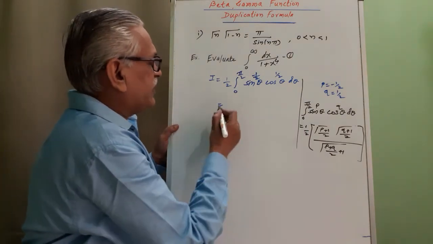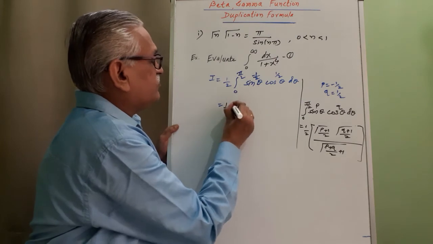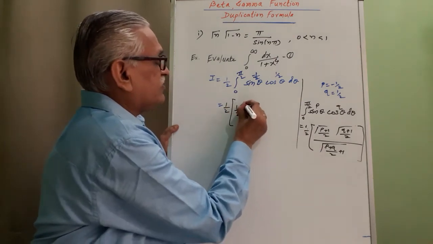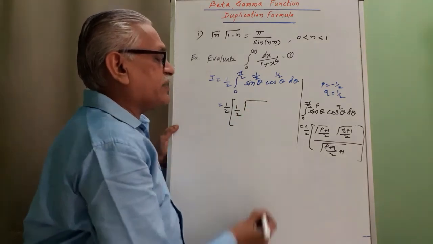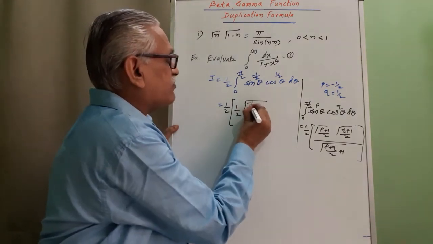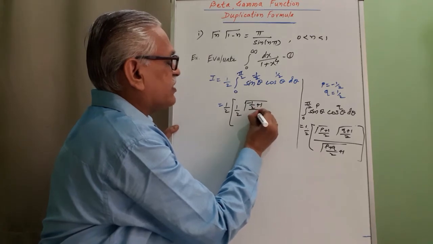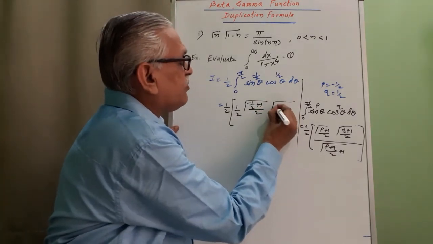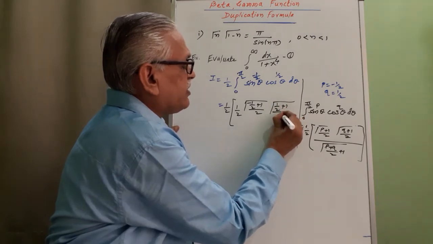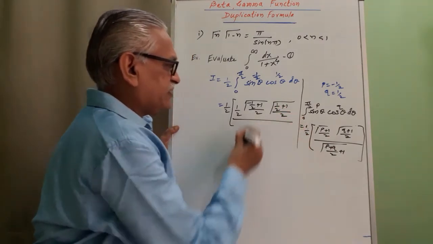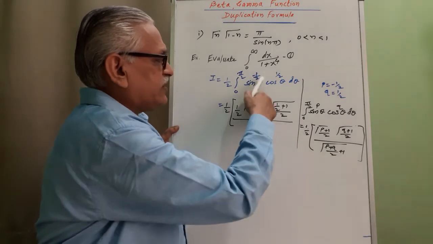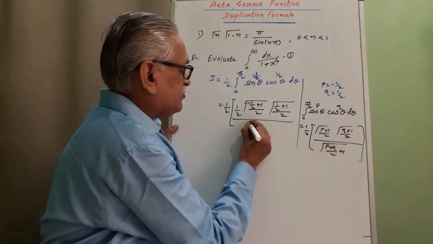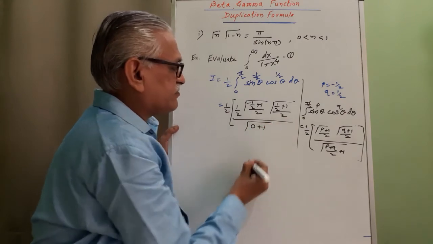Applying this, we get 1 by 2 times this 1 by 2 gamma of p plus 1 by 2, therefore minus 1 by 2 plus 1 divided by 2, gamma of q plus 1 by 2, 1 by 2 plus 1 divided by 2, and the whole divided by gamma of the sum of these two, minus half plus half, which is 0, 0 divided by 2 is 0, and plus 1.